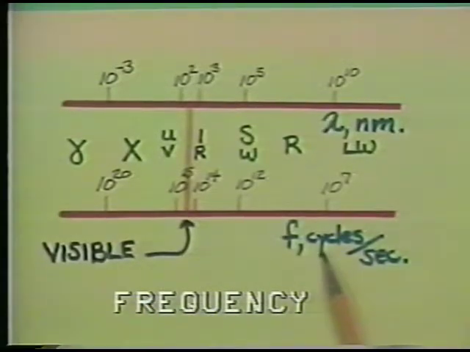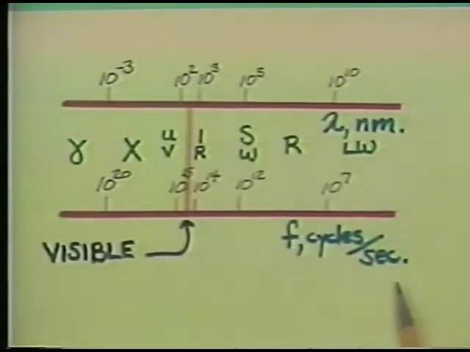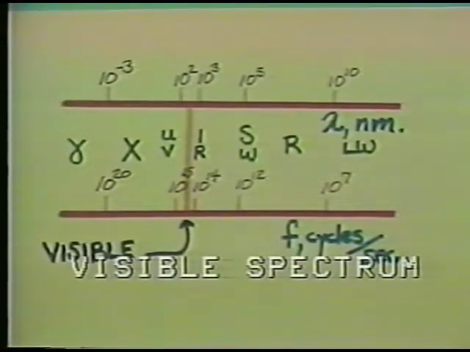So the frequency is measured in the number of cycles per second, and there also is a systematic relationship across the spectrum, with very, very high frequencies, 10 to the 20th cycles per second here in the gamma and X-ray region, on down to 10 to the 7th cycles per second within the long wave radio range. The visible spectrum then is between 10 to the 14th and 10 to the 15th cycles per second.